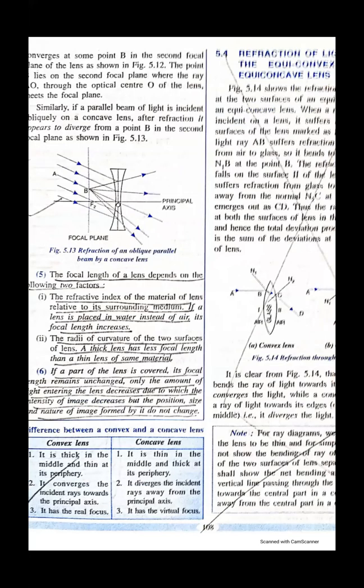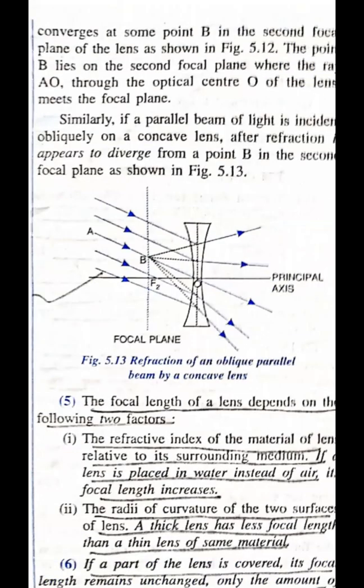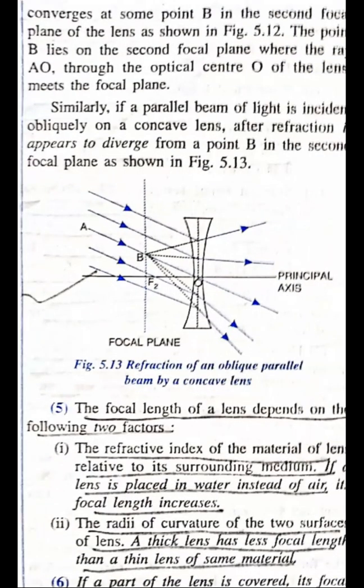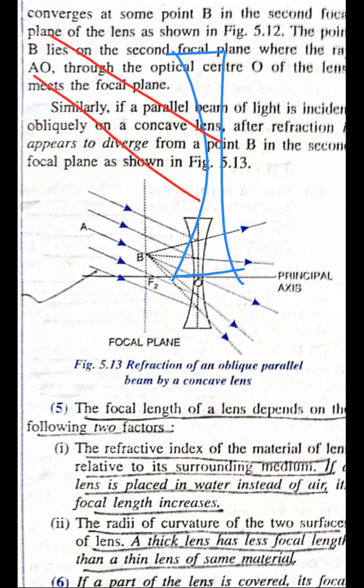So in case of a concave lens, it will diverge more violently, or it will go to more places. This is the parallel beam of light which is coming. This will go here, this will go here, this will go here.